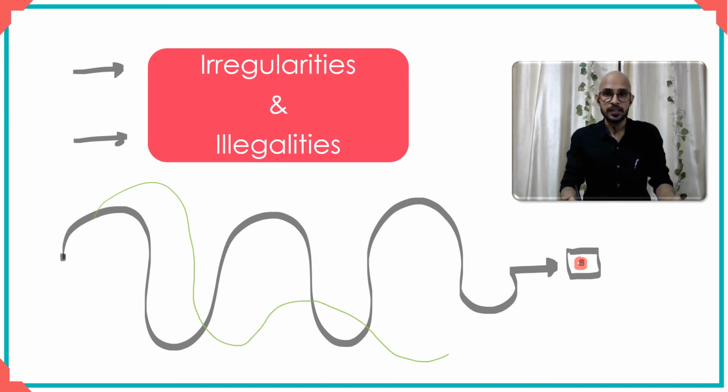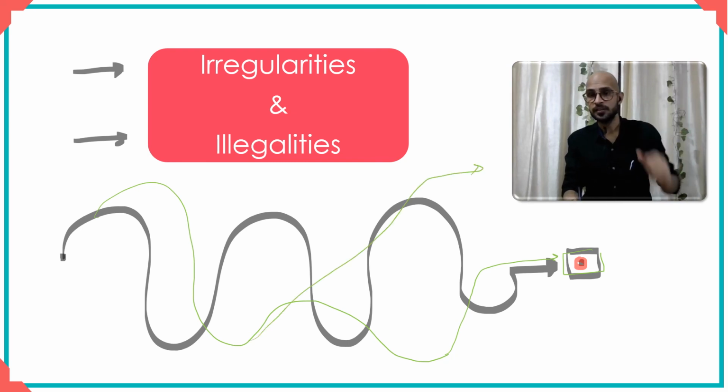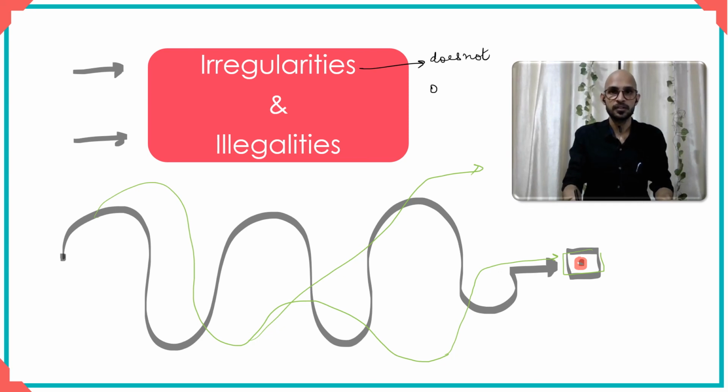Now, either this deviant path could go and land up in the correct destination, or this deviant path could perhaps go somewhere else. Okay. So, a deviation that does not occasion the failure of justice is an irregularity.